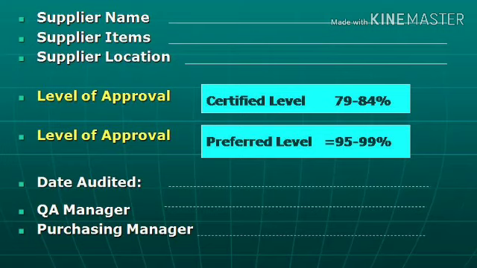So, there are two dominant personnel in the plant audit or supplier audit: the quality assurance manager, representing the end user and production people, and the purchasing manager, representing the buyers or purchaser.